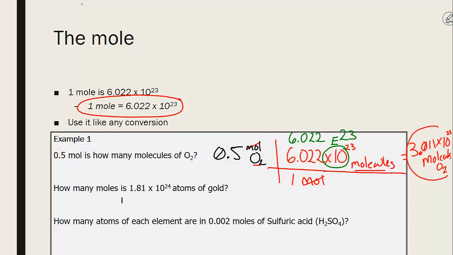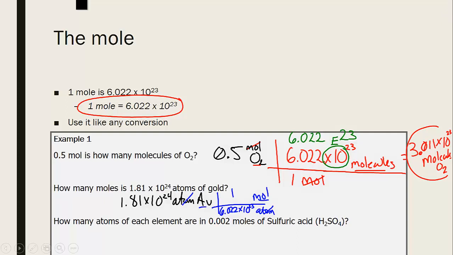If I have 1.81 times 10 to the 24th atoms of gold, I can convert that into moles by using the same conversion. This time, however, I have atoms, so atoms needs to go in the denominator with moles in the numerator. 1 mole is 6 sextillion atoms. Atoms will cancel out and I'll be left with moles of gold.